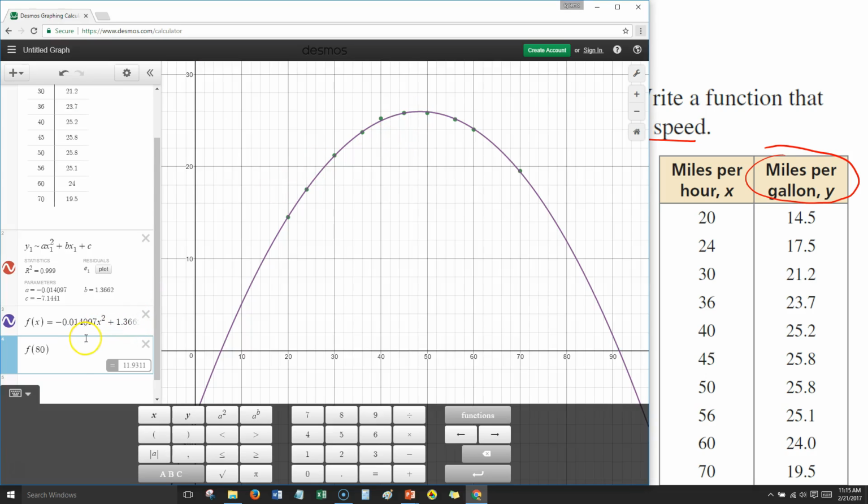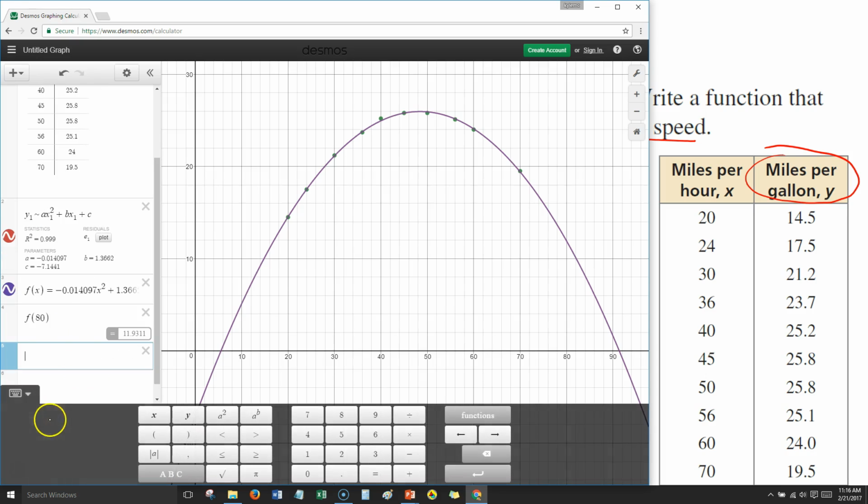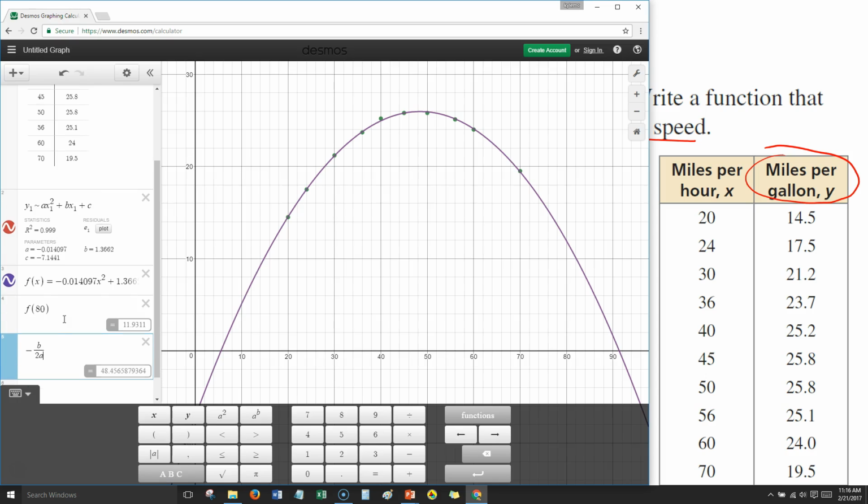Now the neat thing about this calculator is you could say, hey, what's negative b over 2a? And that would give you the x value that goes through the axis of symmetry. And if you typed in x equals that, it would give you the axis of symmetry.